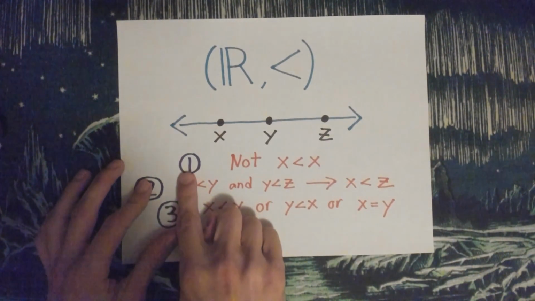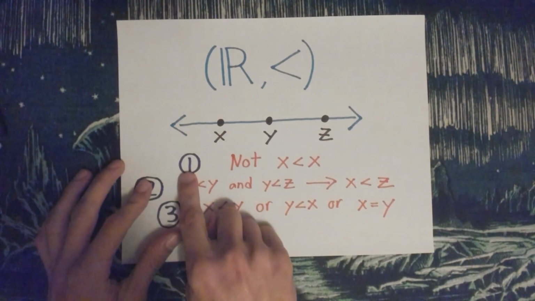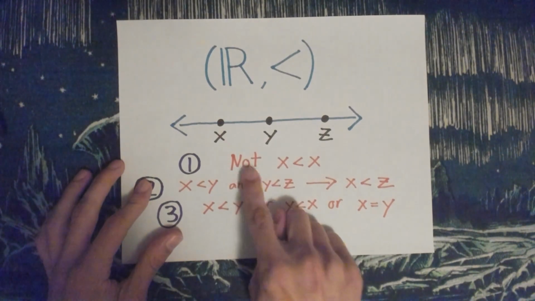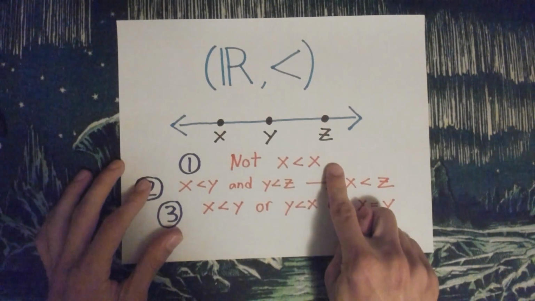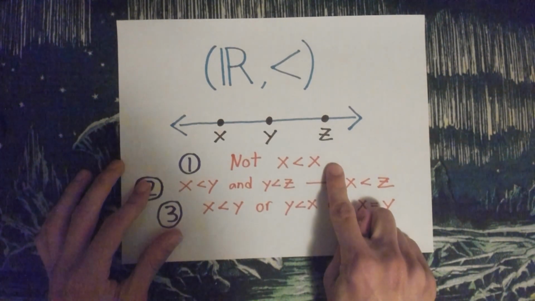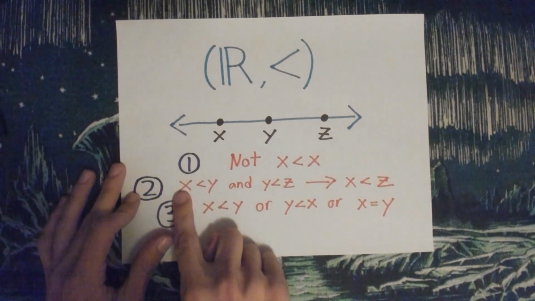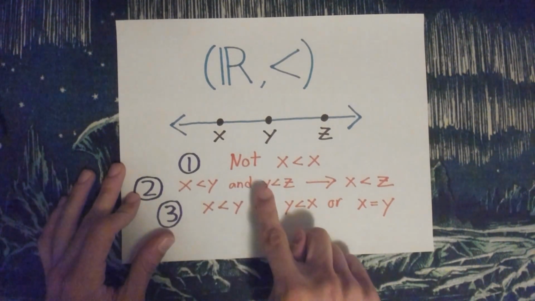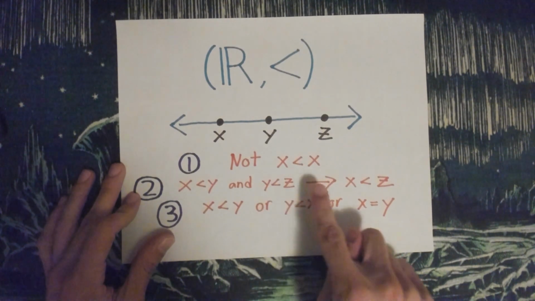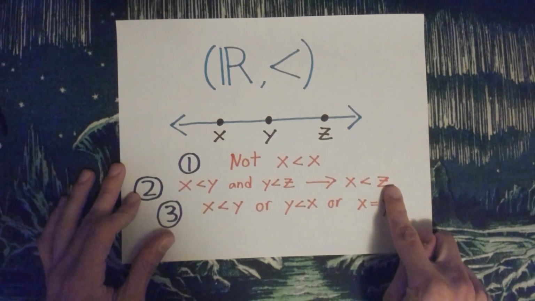So the first axiom says that it is never the case that x is less than x. That's called irreflexivity. The second axiom says that if x is less than y and y is less than z, then x is less than z. That's called transitivity.